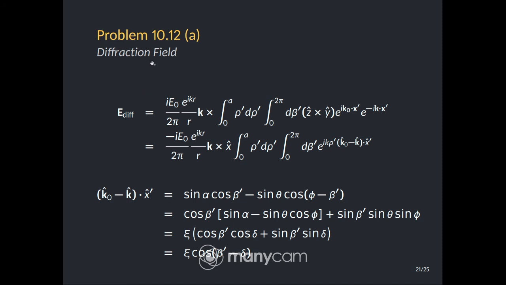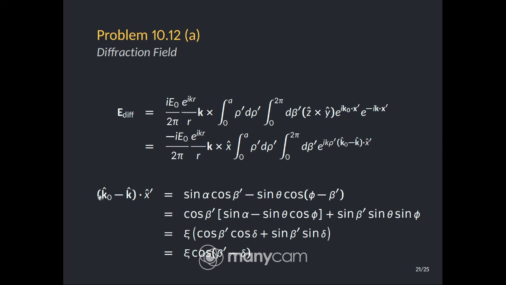So after we plug all the conditions into our diffraction electric field, we can take the exponential, the k0 hat minus k hat dotted into the exponent.